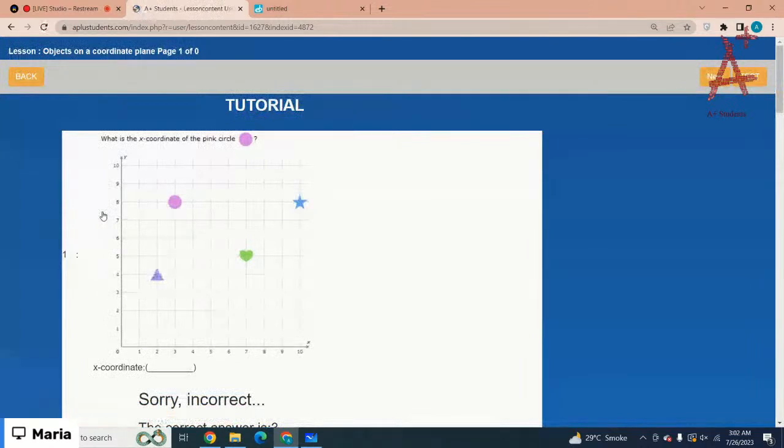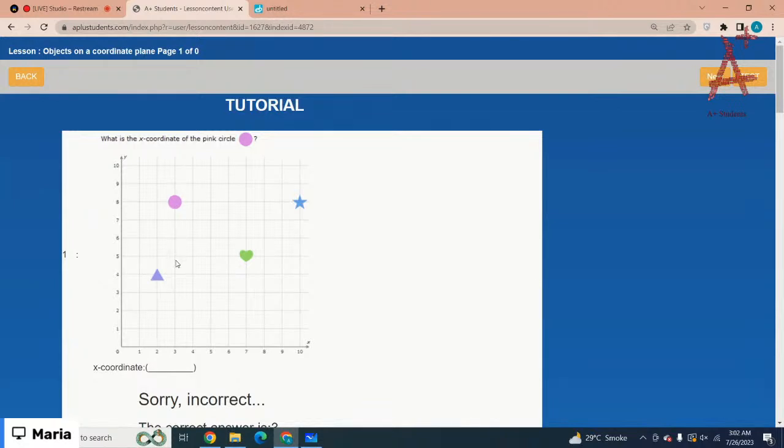Okay, what is the x coordinate of the pink circle? You are given the x and y coordinate plane. You are given different shapes on the coordinate plane. You have to look for the x coordinate of the pink circle. So here is the pink circle. Just match it on the x-axis.